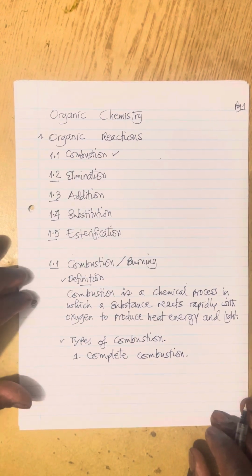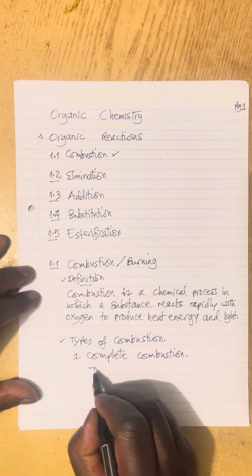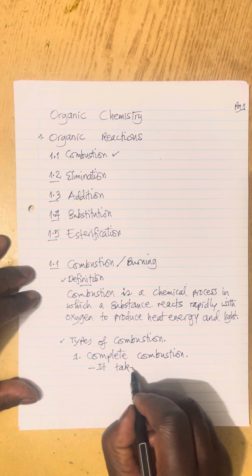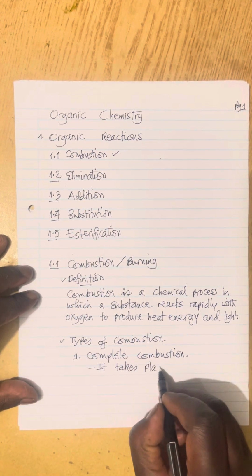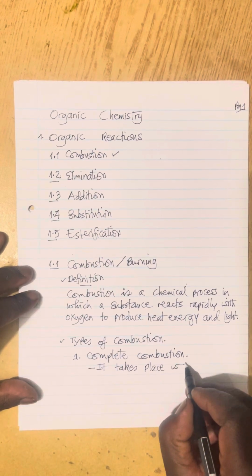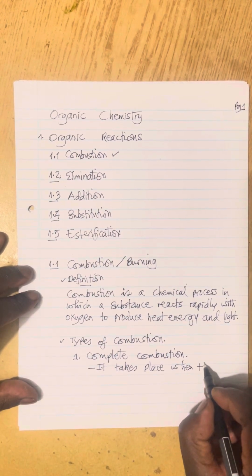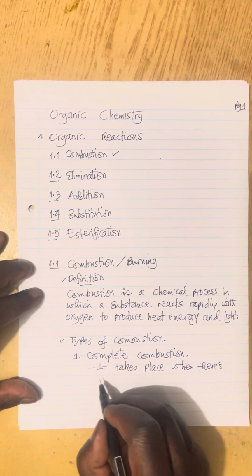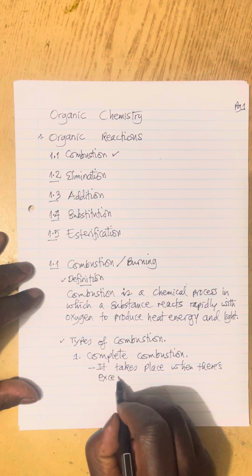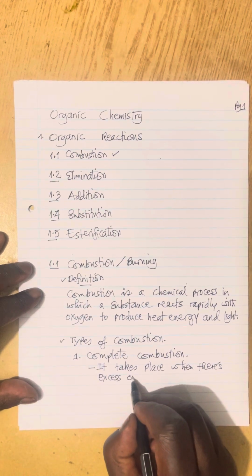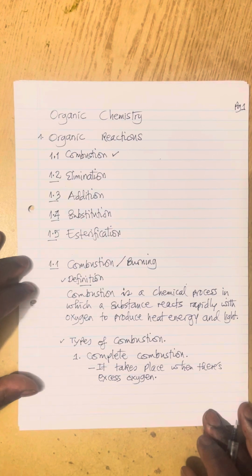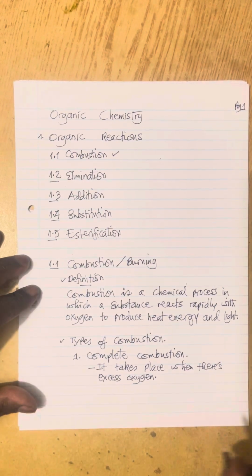What are the properties of complete combustion? 1, it takes place when there is excess oxygen. So complete combustion takes place when there is excess oxygen.